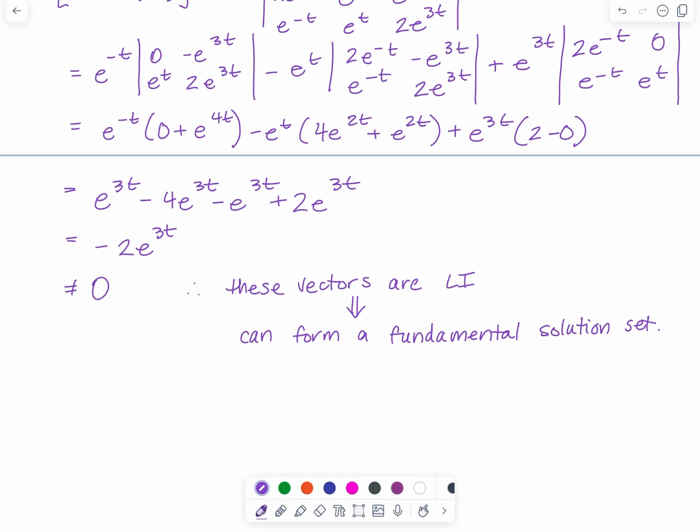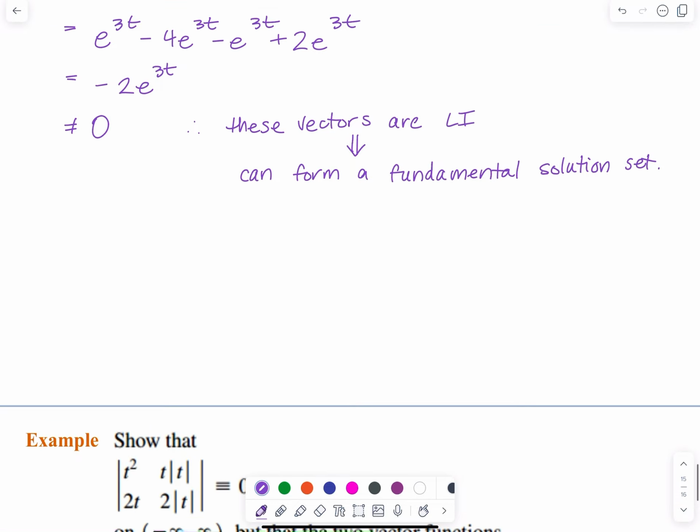So our fundamental matrix, of course we have X of t.